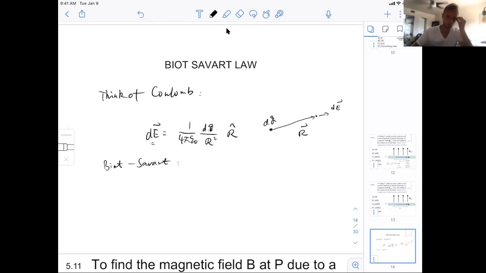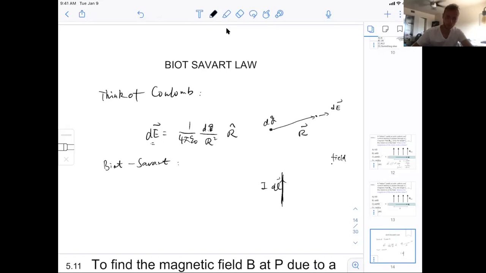So Biot-Savart, as experiments found out, here is your little I dl. So instead of putting our vectors on I, we're going to put our vectors on dl, and the direction of dl is going to be the direction in which the current is flowing. Okay, so I dl is this way, and let's say you have some kind of field point over there.